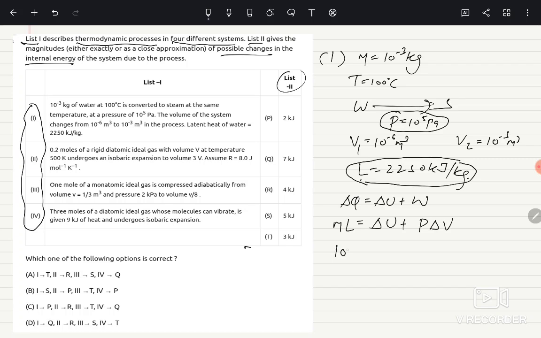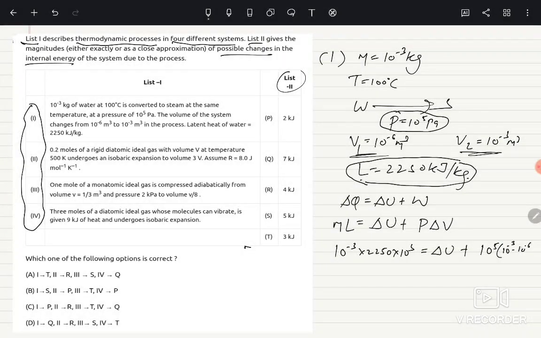So m is 10 to the power minus 3, latent heat is 2250 kilojoules, so 10 to the power 3, equals delta U plus P delta V. Pressure is 10 to the power 5, and delta V is 10 to the power minus 3 minus 10 to the power minus 6.